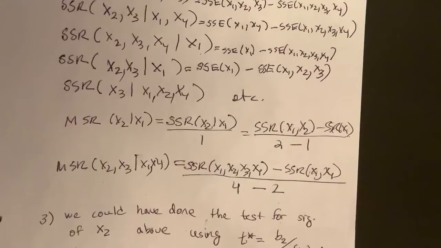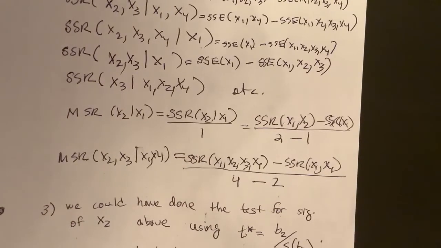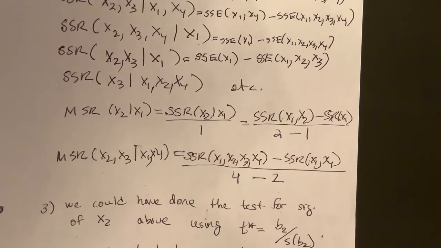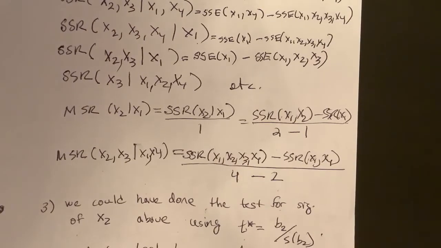So in this case, I get MSR x2 given x1. I could write it either way. I can write it SSR x1, x2 minus SSR x1. If I write it this way, I see it's 2 minus 1. So I have SSR x2 given x1.